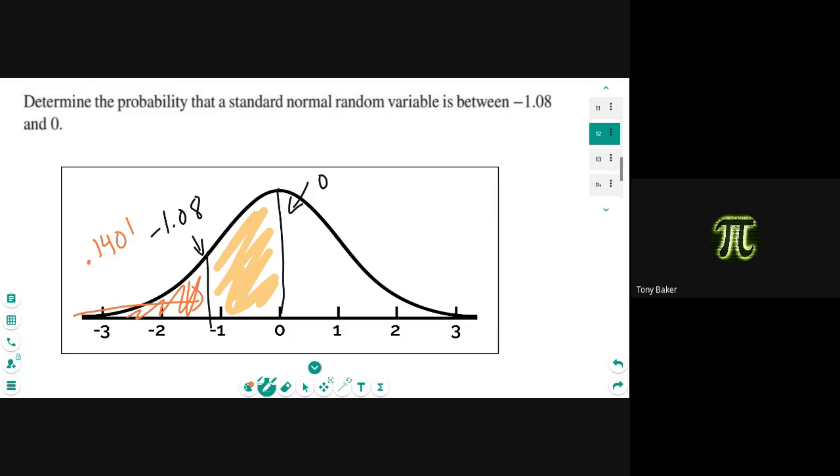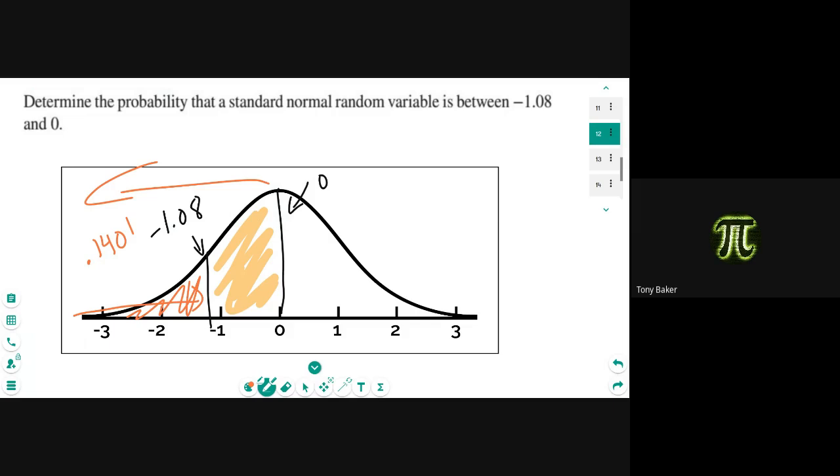I want to take that number away from 0.5. So this section over here I know is 50%, right? This whole side. So if I take away that 0.1401 from the 50, we're reading this from -3 to -1.08.